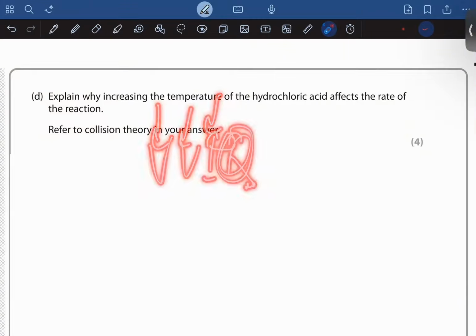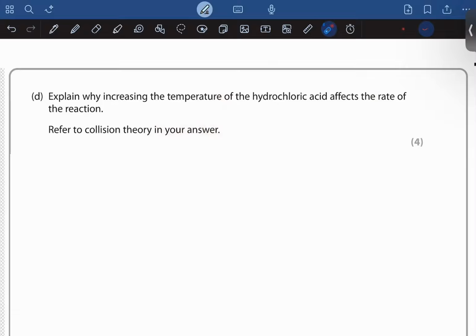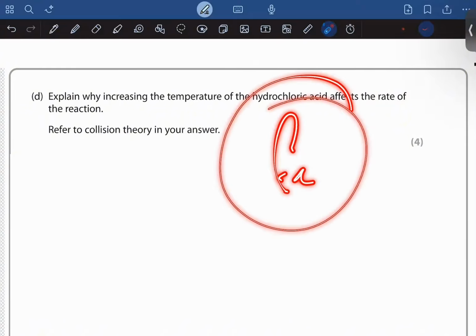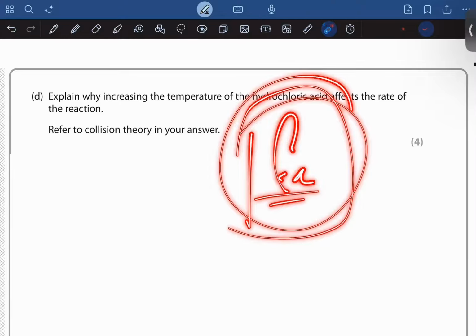Sorry for that. This is because when you increase the temperature, the rate increases obviously. Why does the rate increase? Because the kinetic energy of the particles increases and hence the frequency of collision increases, or there are more collisions in a given period of time. And also as you increase the temperature, more particles have the minimum activation energy needed to react. One of the most common questions.